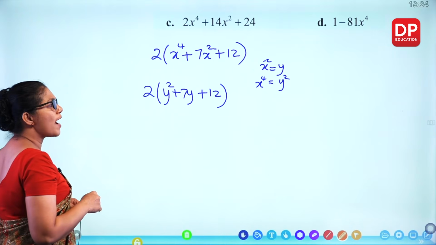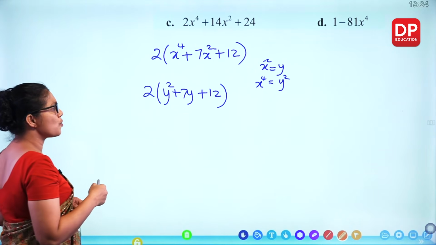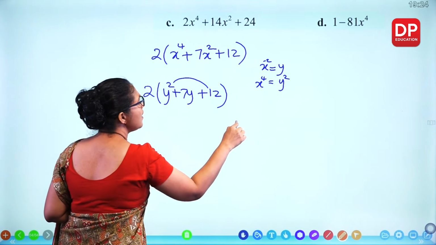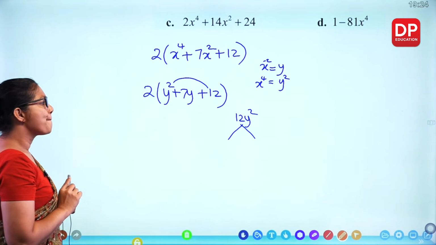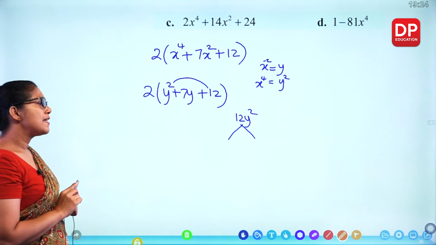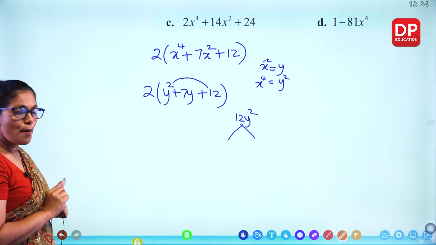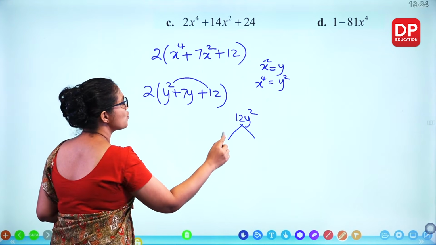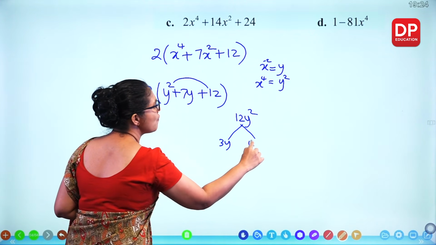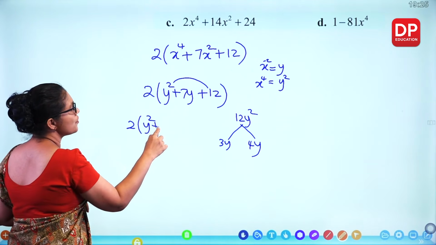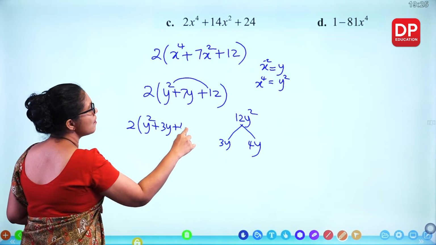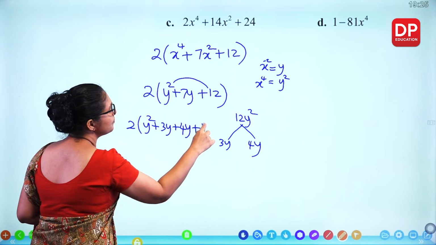Now this is a trinomial. Find the factors of 12 y squared. Both are positive, that means the factors are also positive. So factors of 12, you can write 3y and 4y. Split the middle term into 3y and 4y.